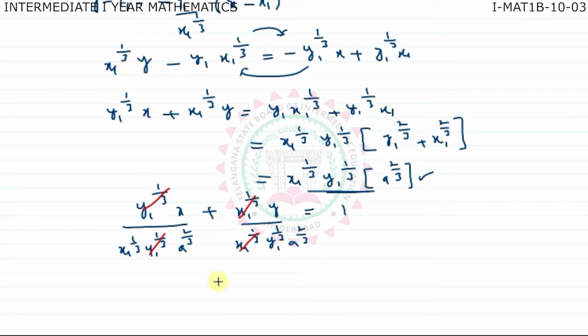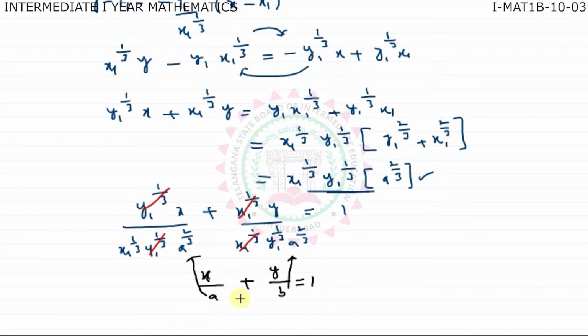Now this is in the form of x by a plus y by b is equal to 1. So this is the x-intercept and this is the y-intercept.